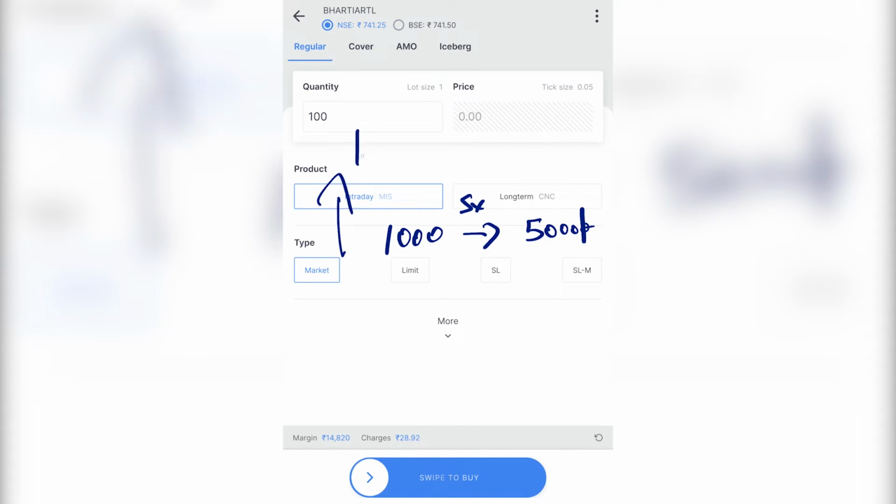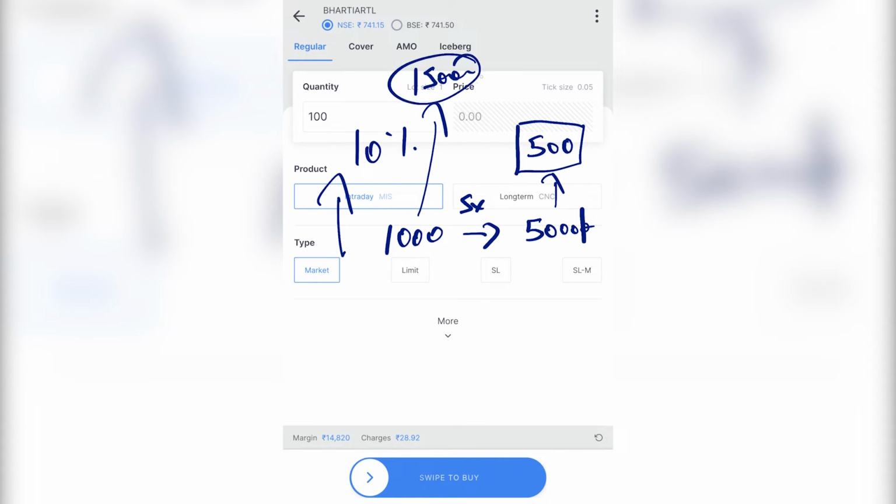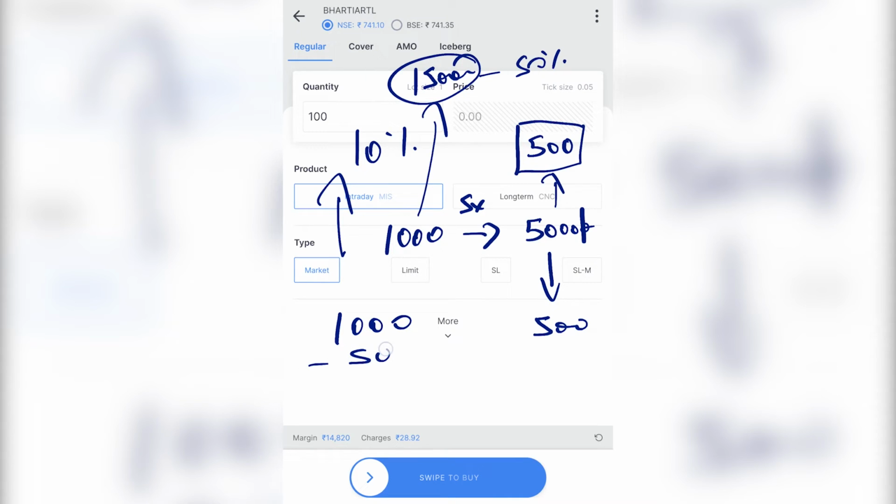If the market goes up by 10%, this trade will result, I'm assuming I've done a long trade or I have bought, in a profit of 500, which means at a 1,000 rupee investment, I'm taking home 1,500. My profit is 50%. But if the market goes down by 10%, I am losing 500 rupees, which means out of 1,000, 500 is getting wiped out and I'm only left with 500 rupees.